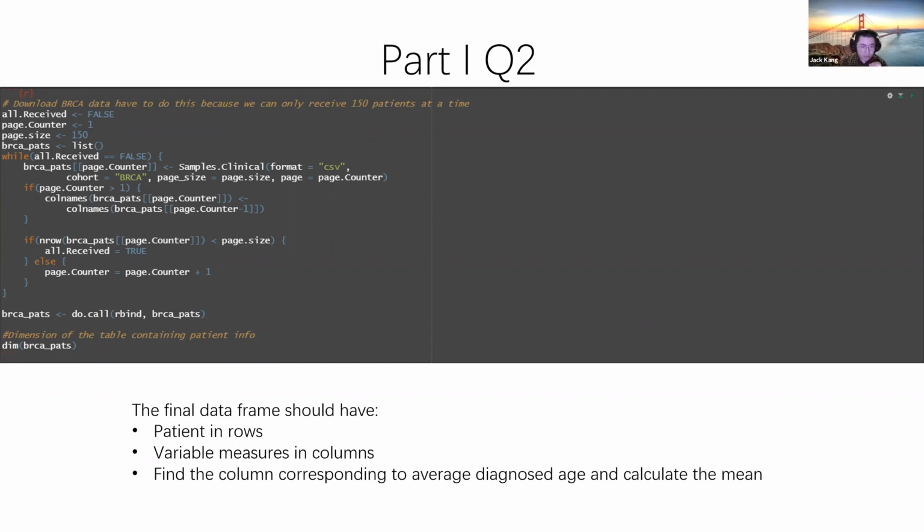So for question two, you will get a data frame in the end with patients in rows and a bunch of variable measures in columns. It asks you to calculate the average age at diagnosis. So you need to find the column that corresponds to the diagnosed age and just calculate the mean. The calculation part should be really easy.